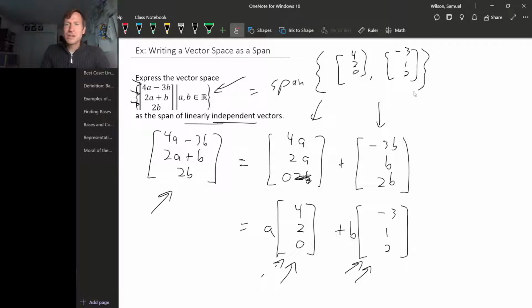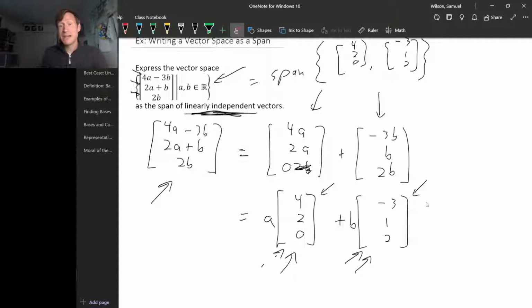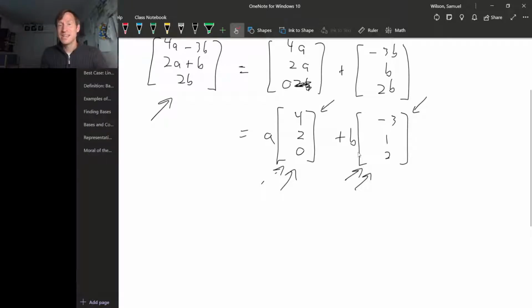Now we are looking for a linearly independent collection of vectors. So we have to ask ourselves, are these two linearly independent? In general, to answer that question we would have to set up some sort of linear system to see if any vector in this collection is a linear combination of the others, or to see if there's some non-trivial linear dependence relationship.